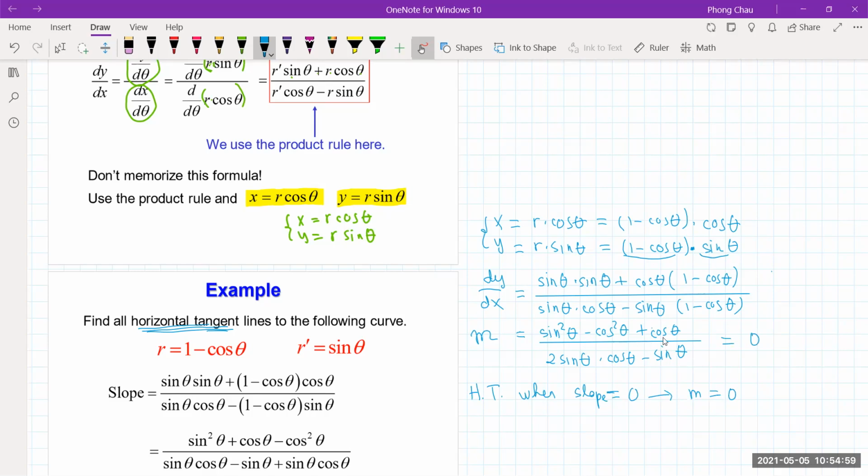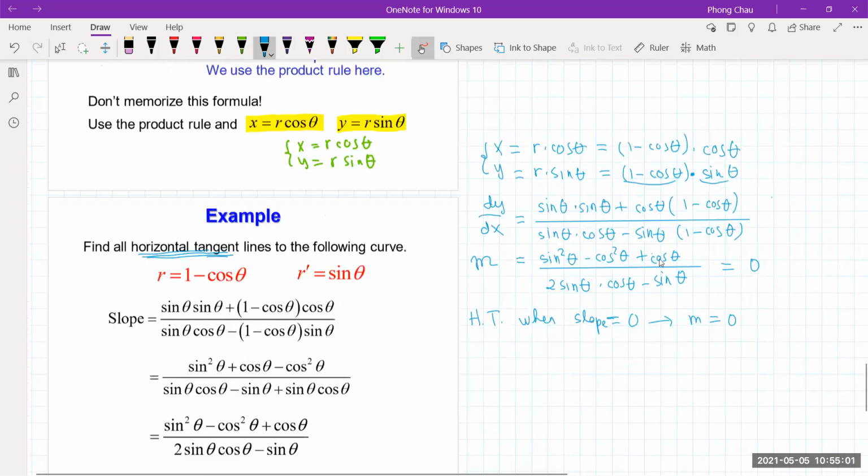When you set that equal to 0, the numerator has to be 0. So that boils down to solving the equation sine squared theta minus cosine squared theta plus cosine theta equals 0.